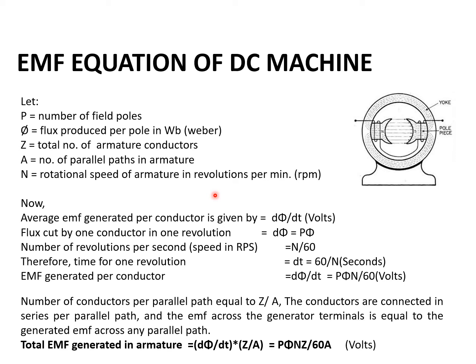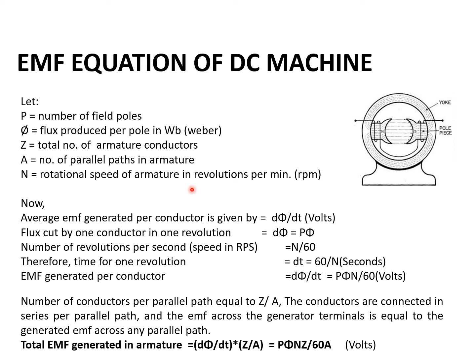The number of parallel paths is equal to 2 in the case of wave winding, and equal to the number of field poles for lap winding connection, and N is the rotation speed of the armature in revolutions per minute.